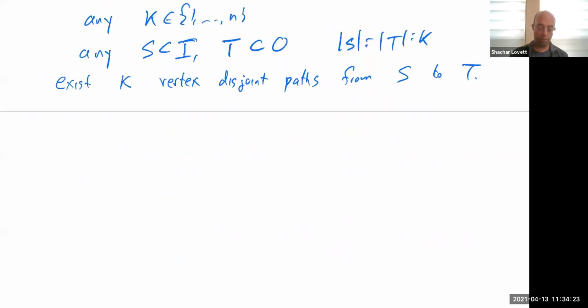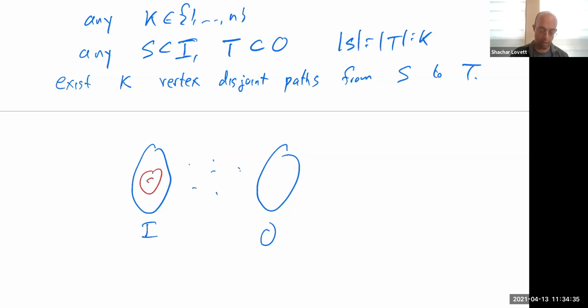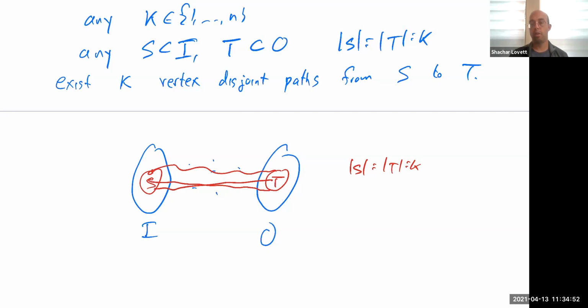By picture, if this is I and this is O, and here we have another bunch of nodes and edges, we're saying that we'll take any subset S here and any subset T here of the same size. There is some way of connecting them through the graph by k paths that are vertex disjoint.